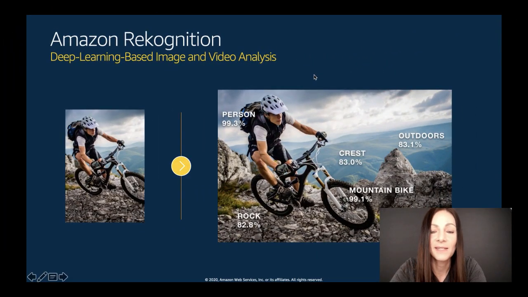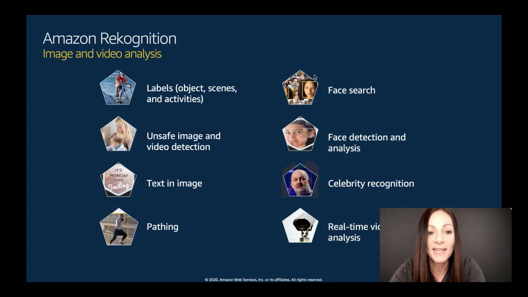Amazon Rekognition is a fully managed, deep learning-based image and video analysis service. And this is super easy. So you basically provide the service with your input data, and as you can see here, the service has built-in capabilities to automatically identify and label the objects in your image. But it's not only that, so there are a couple of more use cases that are working out of the box.